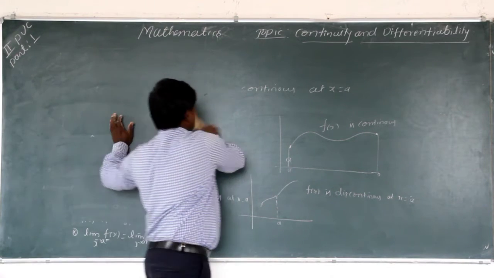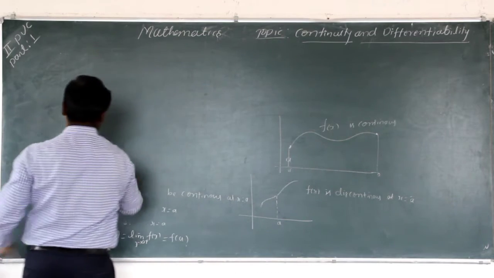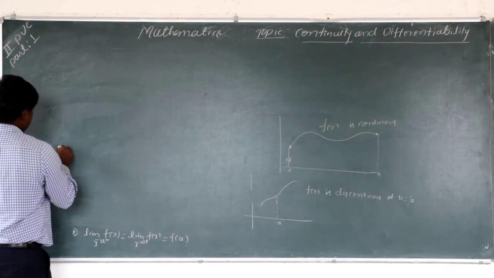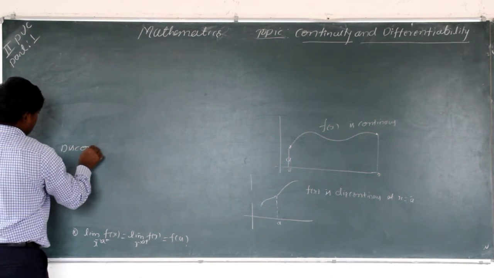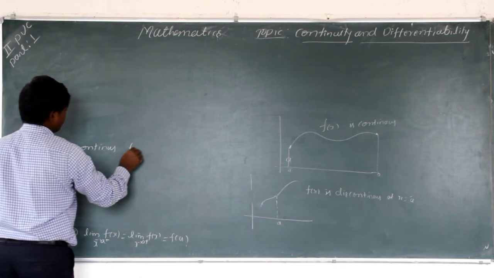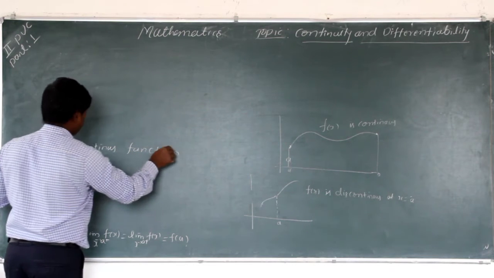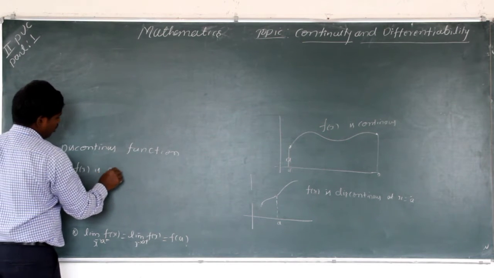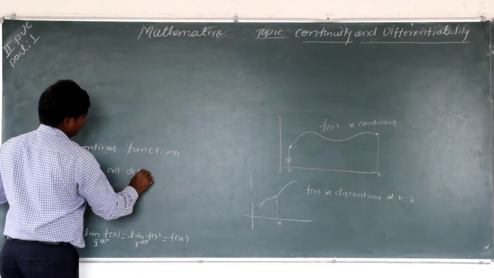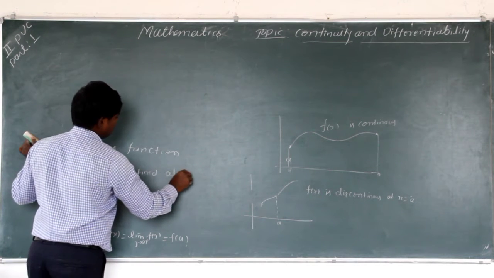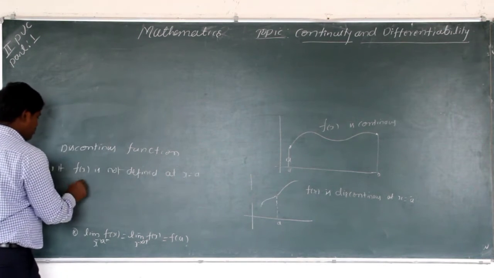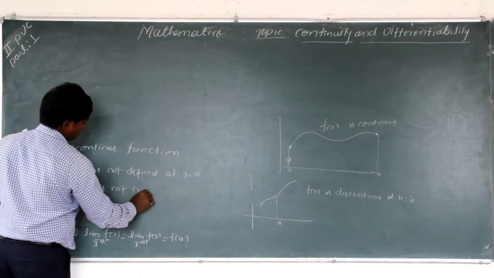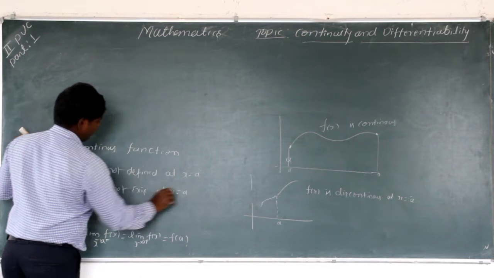So for a discontinuous function, the first case is f of x is not defined at x is equal to a, so f of x does not exist at x is equal to a.